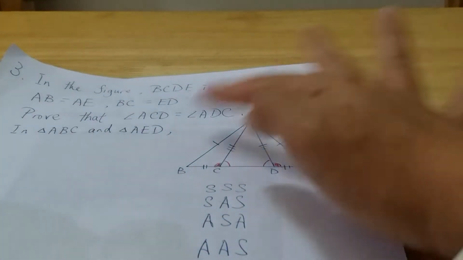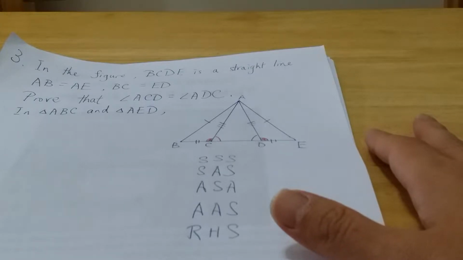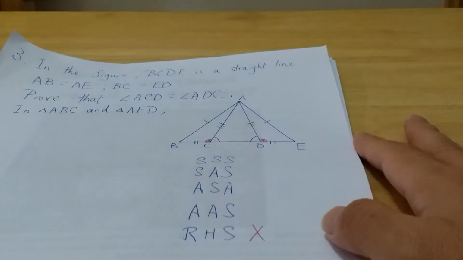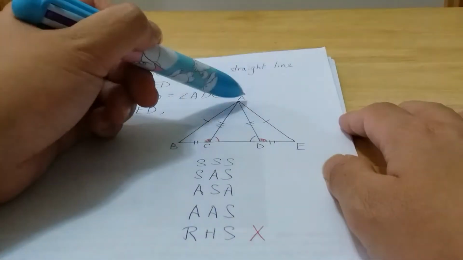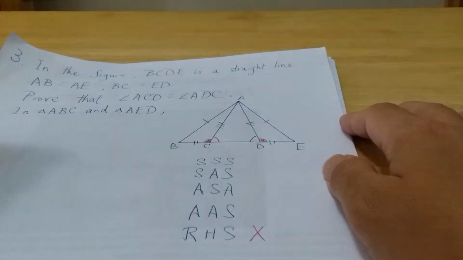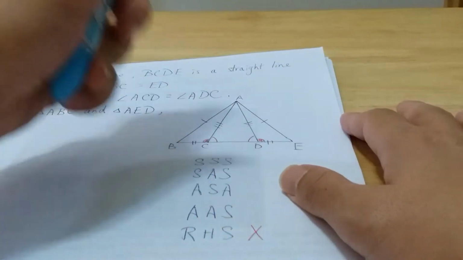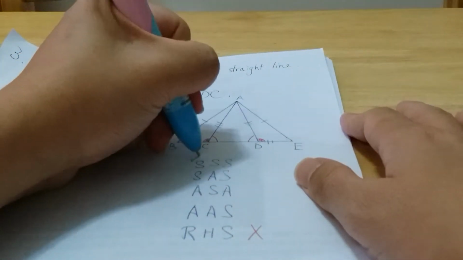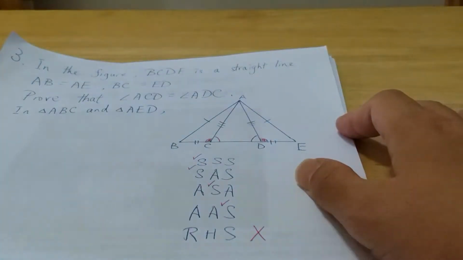Now obviously for these two triangles, you will see no right angle. Immediately, RHS is wrong. First of all, we are going to use AB equals AE, the given one. So this is an S. We have one S. Now for BC equals DE, we have the second one.